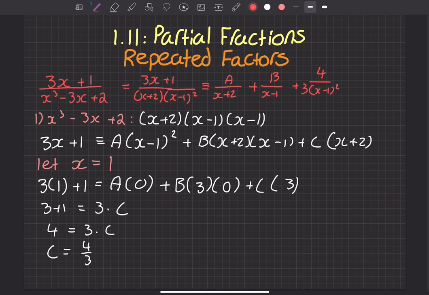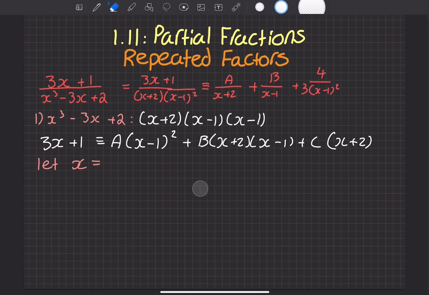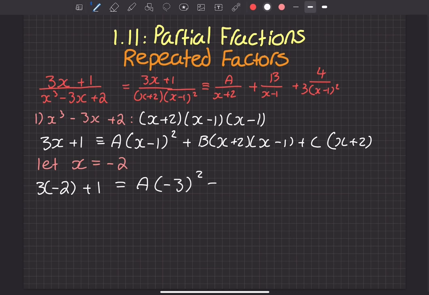So to find a, we'd do the same thing, but instead of letting it equal 1 this time, we want these two to go away. And to do that, we let x equal minus 2, sorry. So let x equal minus 2. And if we do that, we have 3 multiplied by minus 2 plus 1 equals a multiplied by minus 2 minus 1 would be minus 3 squared plus b. Minus 2 plus 2 is obviously 0, and this would be minus 3, but it doesn't matter anyways, and this would be 0.